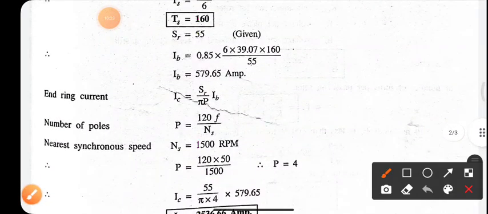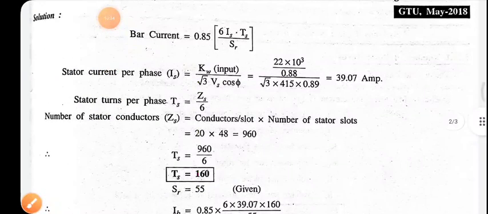Based on that, you need to find which quantity is missing, simply place those values and you will get the answer. So this was the numericals based on the design of the rotor bars and the end rings. In the next lecture we are going to see the design of the wound rotor.